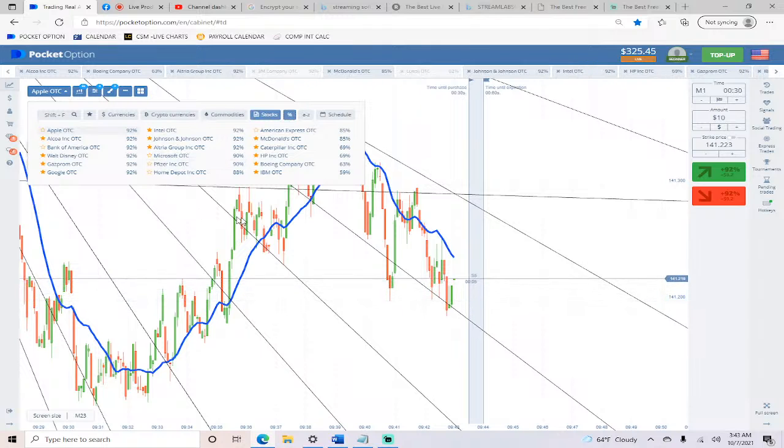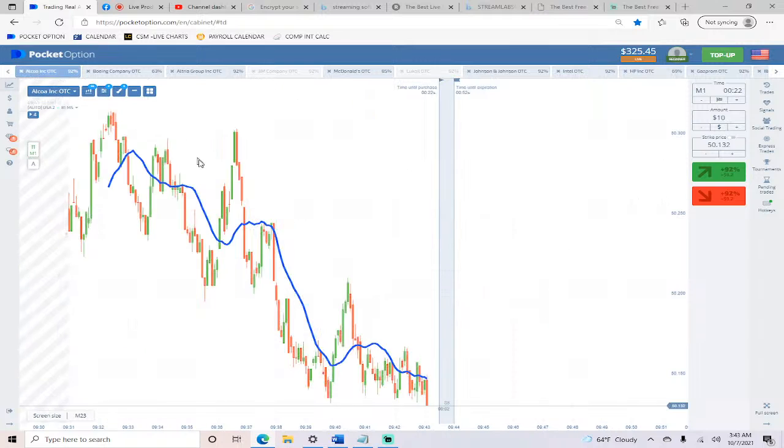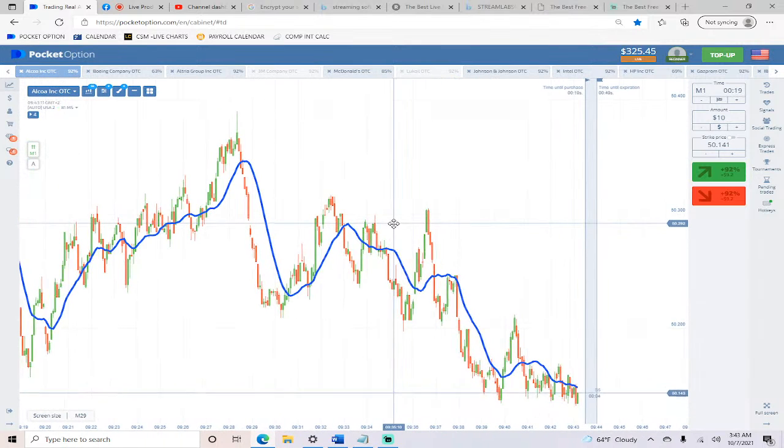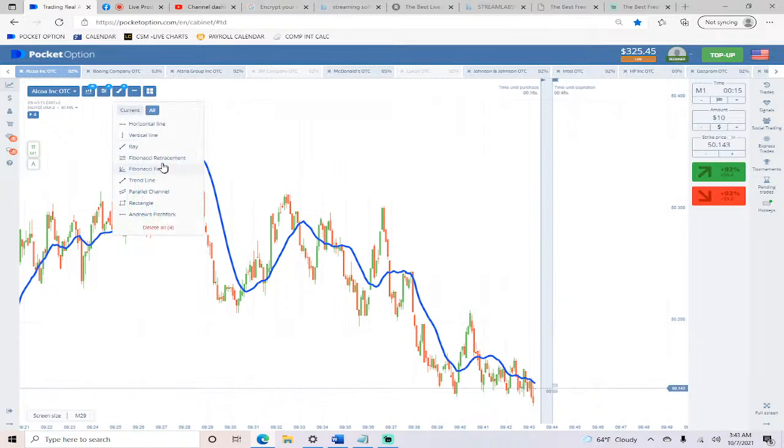So right now I'm only to the 92% payout, which is the highest, which is an incredibly good payout. Alright, I like this already. We're looking at the same thing.